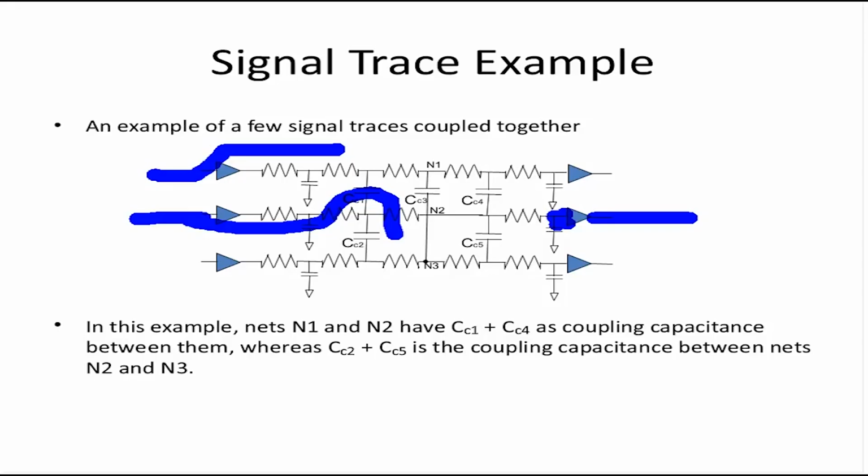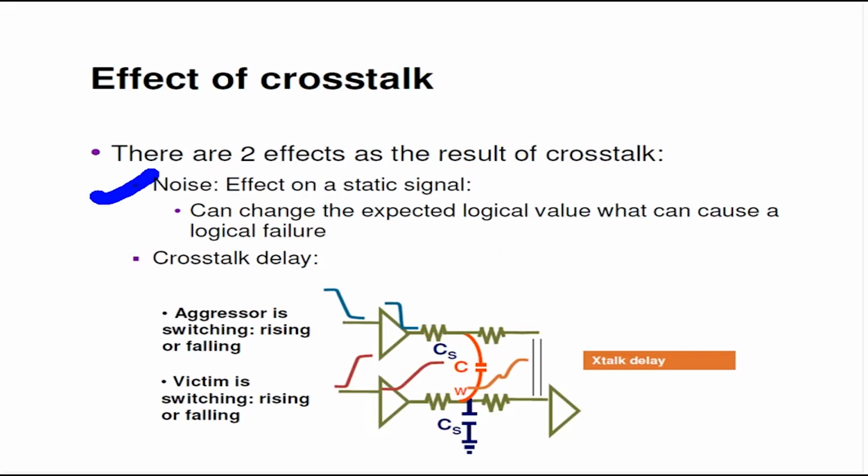So noise is the case where the aggressor line is changing its value and the victim is static. Crosstalk delay is the effect where the aggressor line is changing its value and the victim line is also changing its value. The aggressor will force the victim line delay. When we talk about delay, we mean there is some change in value.